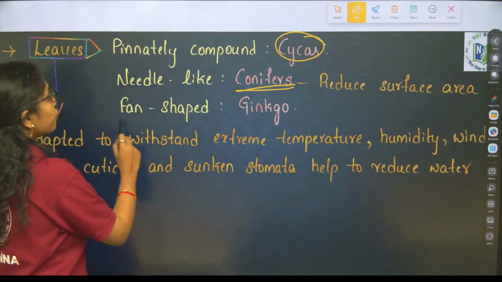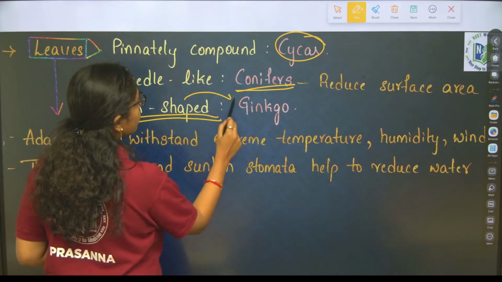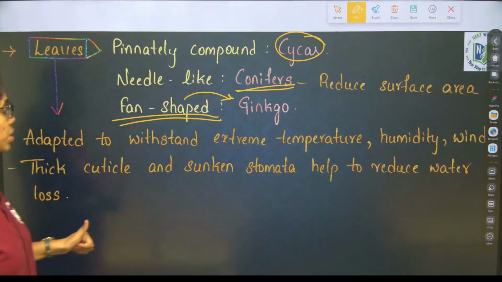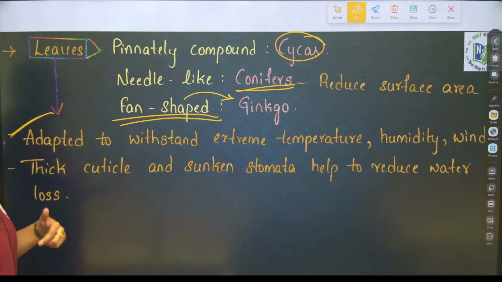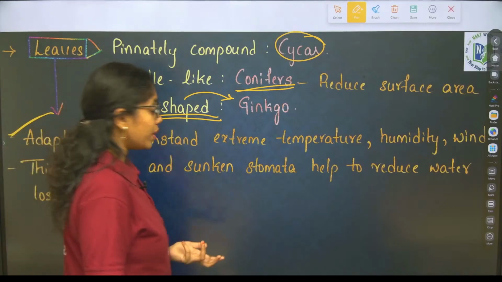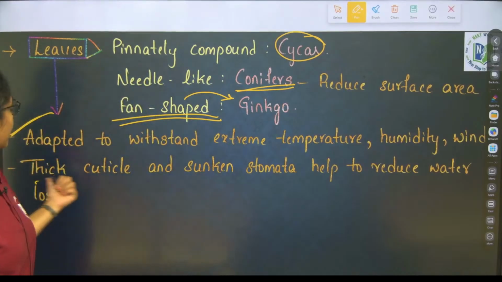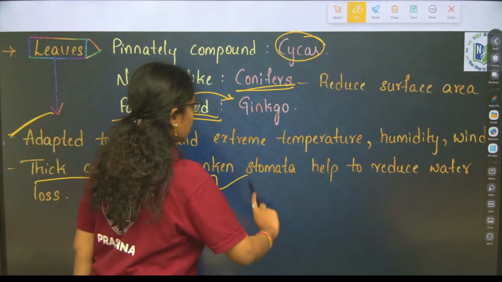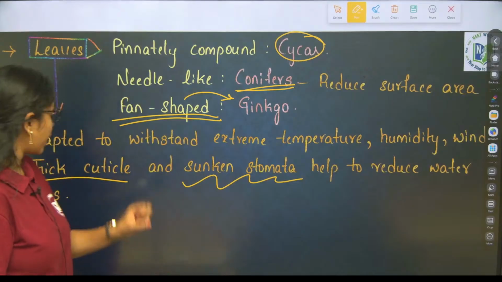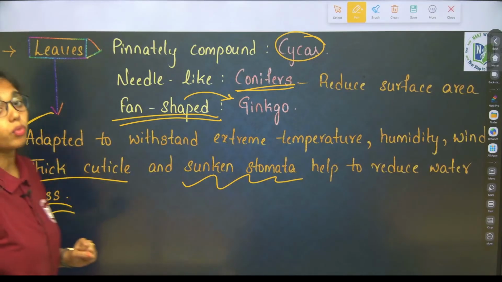Fan-shaped leaves will be observed in Ginkgo. So leaves are adapted to withstand extreme temperature, humidity and wind. Thick cuticle and sunken stomata are observed, which is the best adaptation to reduce what? Water loss or water stress.